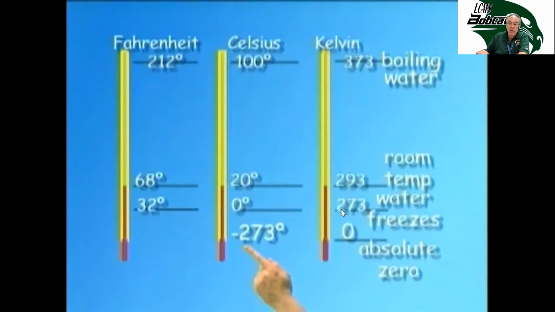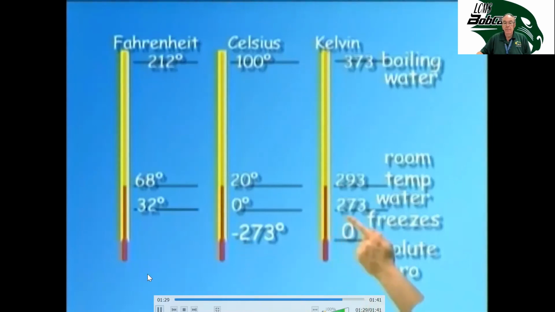And then 100 degrees is 373, just like 100 degrees from 0 is 100 degrees. So each degree is the same amount, and the only difference is where the 0 is. In the Kelvin scale, the 0 is absolute 0. It's that point where if you could cool something down, the particles would stop moving.